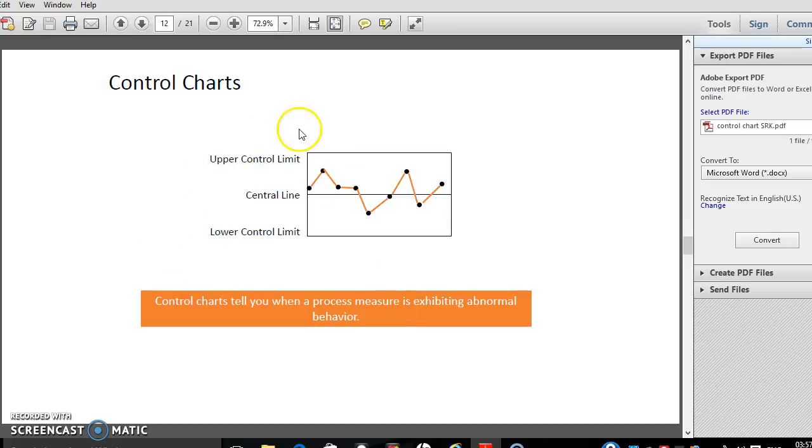So here is the control chart, with the upper control limit, central line and lower control limit. Between the upper and lower control limits, the different data points are first found and plotted, and then we can join these data points and form the control chart. A control chart tells us whether a process is exhibiting abnormal behavior.